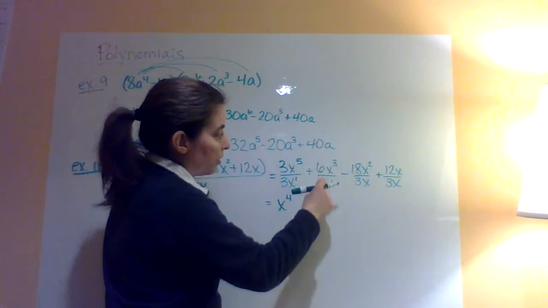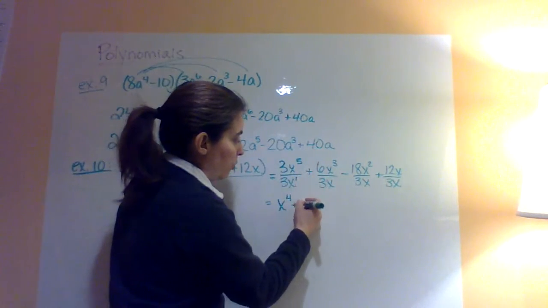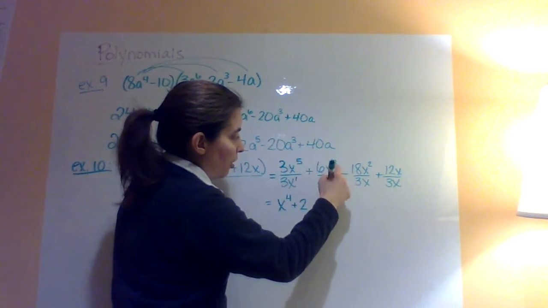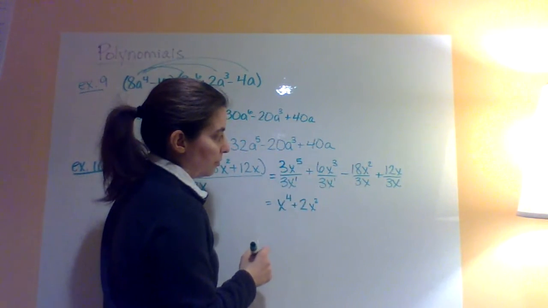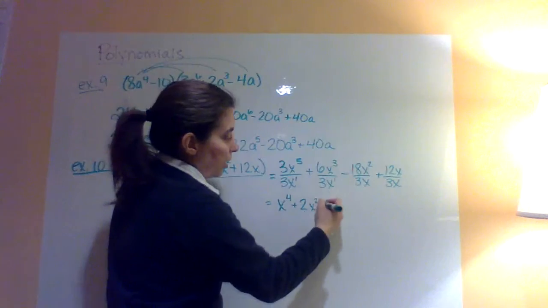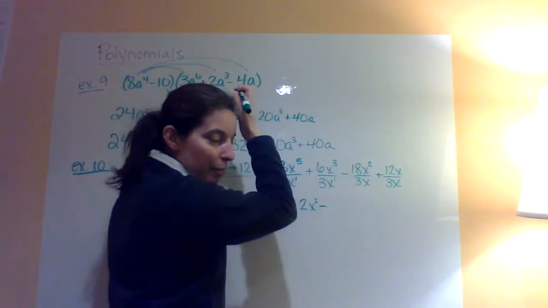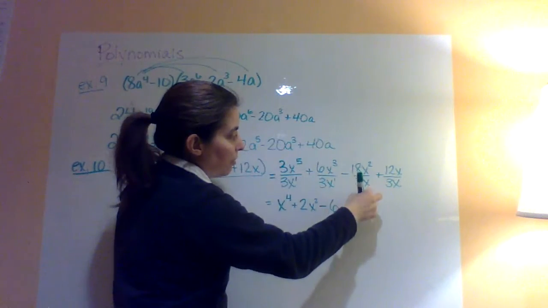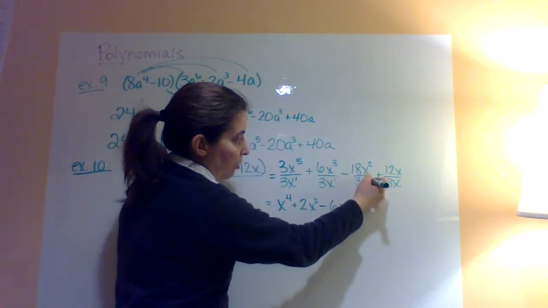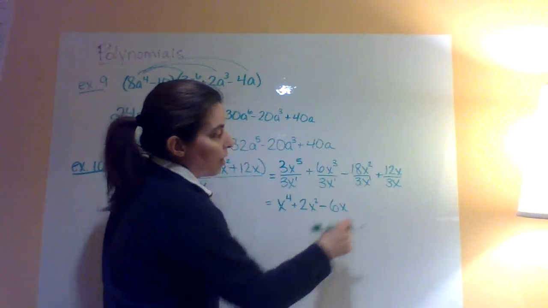Here, 6 divided by 3 is 2. X to the 3rd divided by x to the first is x squared. Here, 18 divided by 3 is 6. X squared divided by x is just going to be x, right? 2 minus 1 is going to be 1.